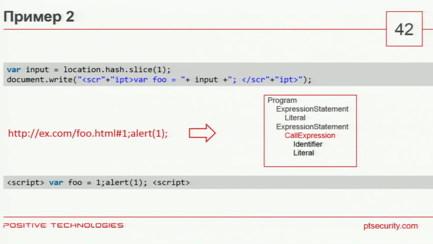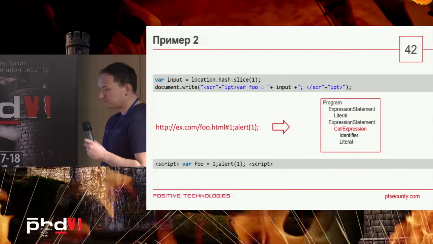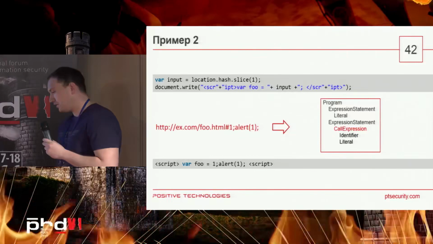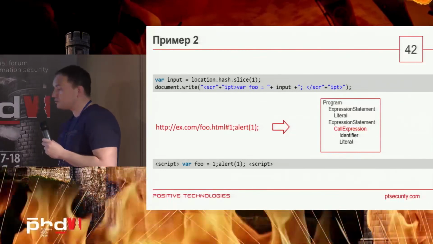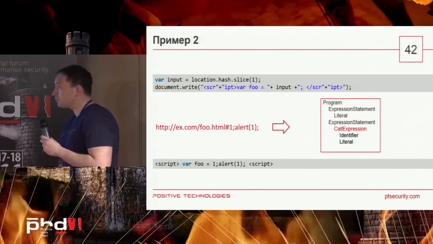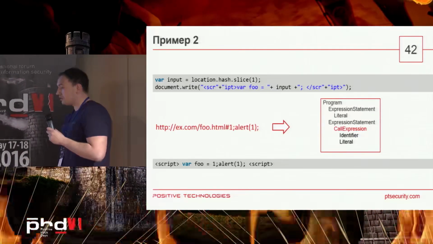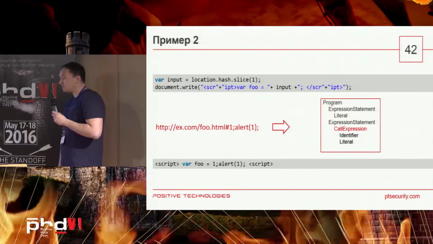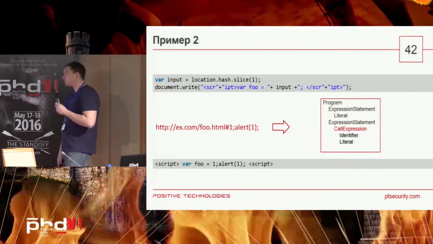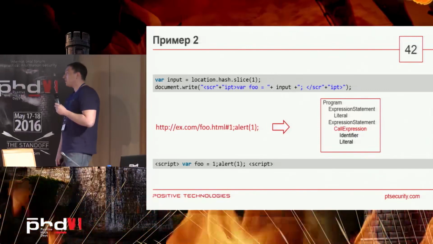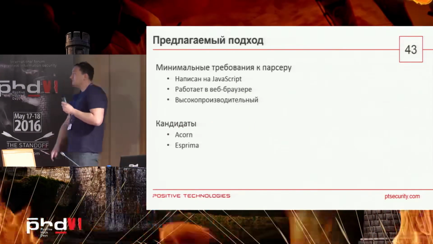So this is the approach that was implemented for browsers in our second research project. And it used the following criteria. These tainted data must generate only trees containing literal nodes and no other kinds of nodes.